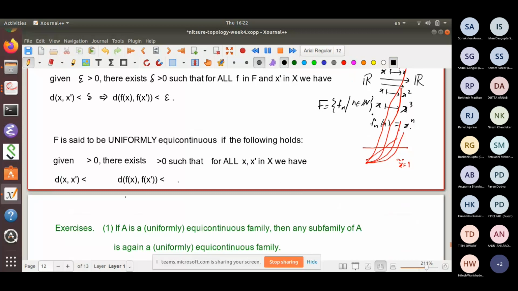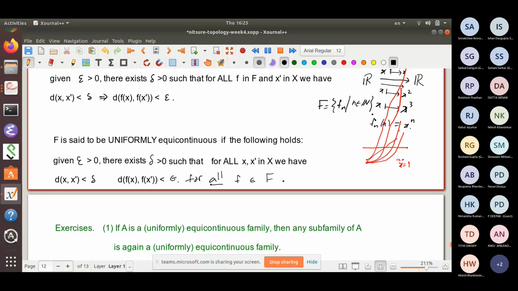So it says that given any epsilon greater than 0, there is some delta greater than 0, such that for all x and x prime in X, we have d_X(x, x prime) less than delta implies d_Y(f(x), f(x prime)) less than epsilon, for all f in F.